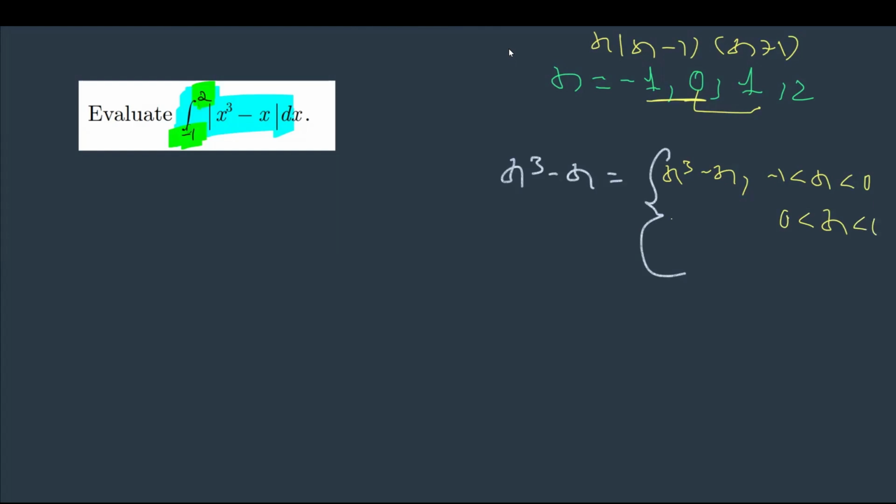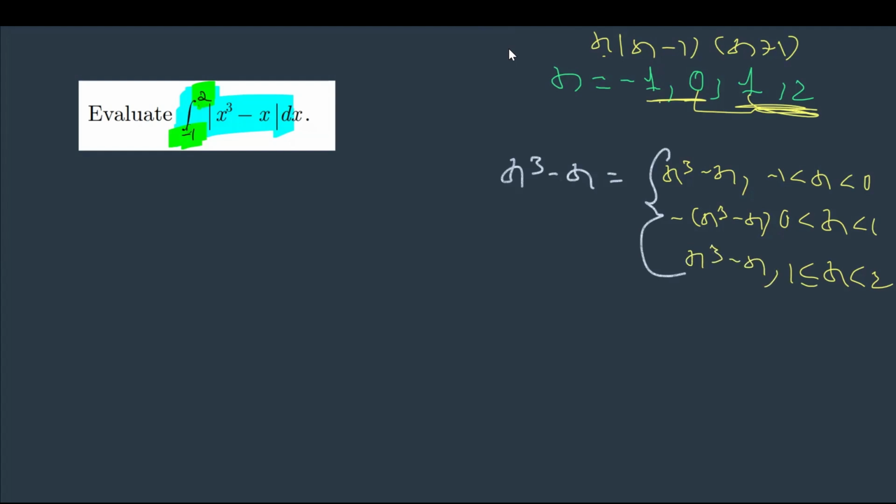So I can write minus of x cubed minus x. And for greater than 1 but less than 2, that is the next limit, we will get this as positive. So this is positive x cubed minus x.